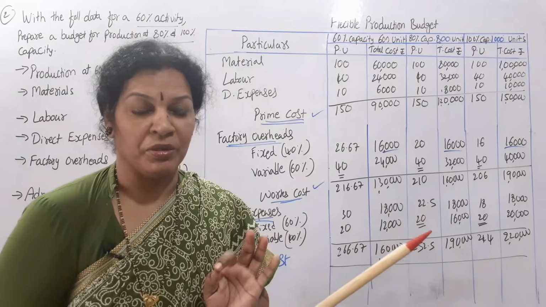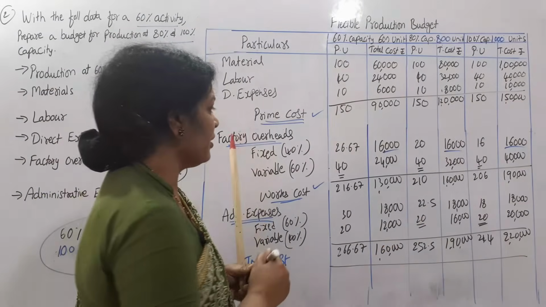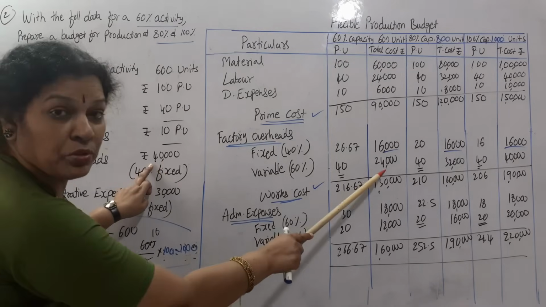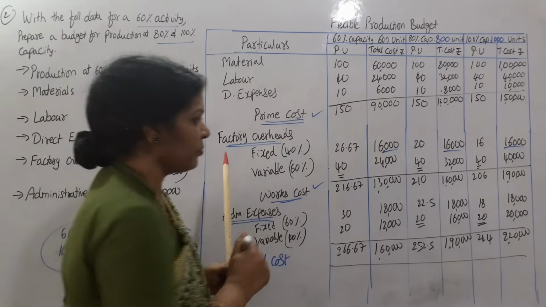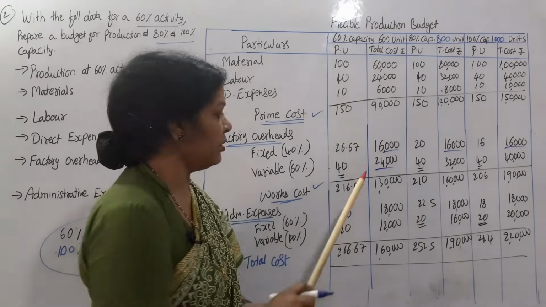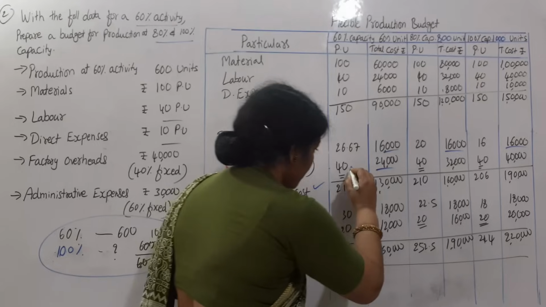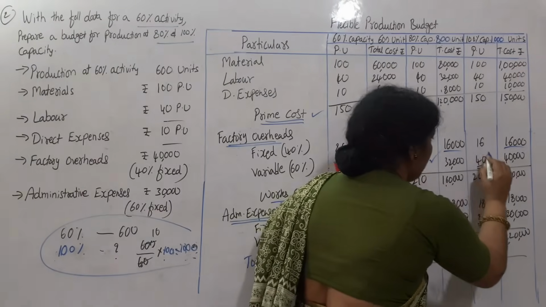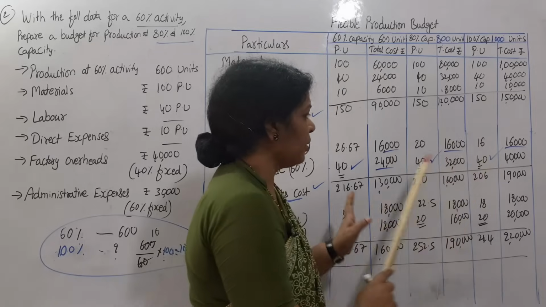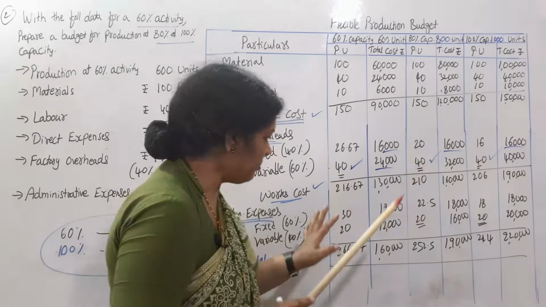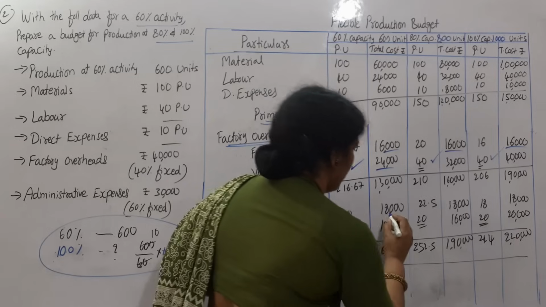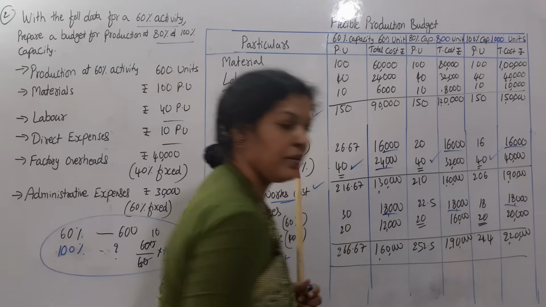When it comes to variable cost, please be careful here. Variable cost is the leftover 60%. 60% of 40,000 comes to 24,000. 24,000 divided by 600, 40. Once you get 40, the same 40 you write at every level. Now the calculation is easy. In the same way for administrative expenses, 60% is 18,000, which we write everywhere.